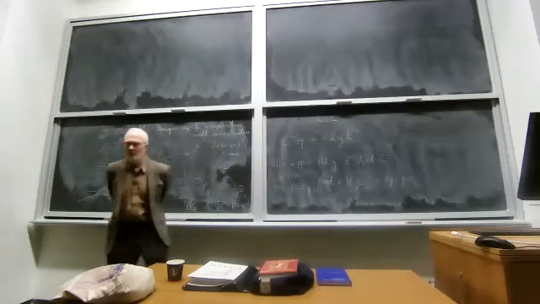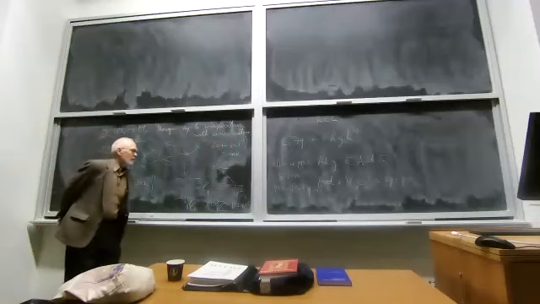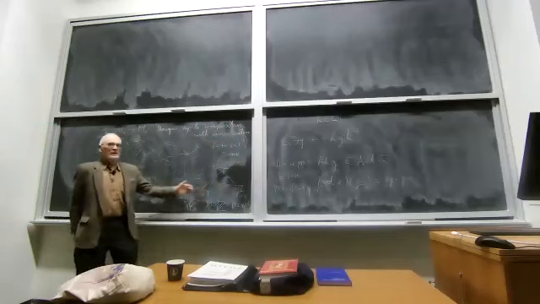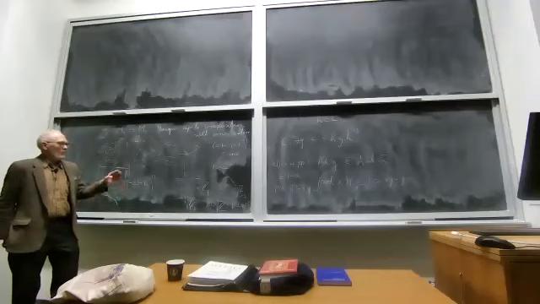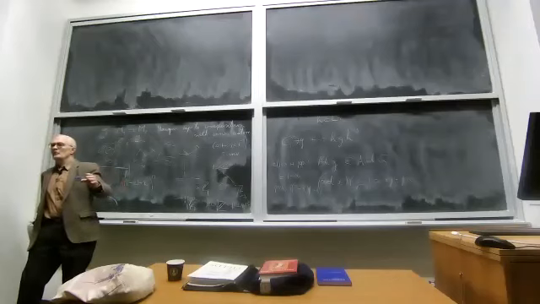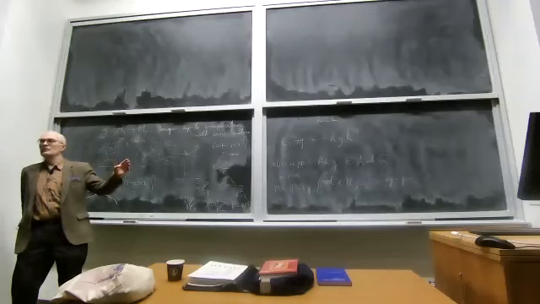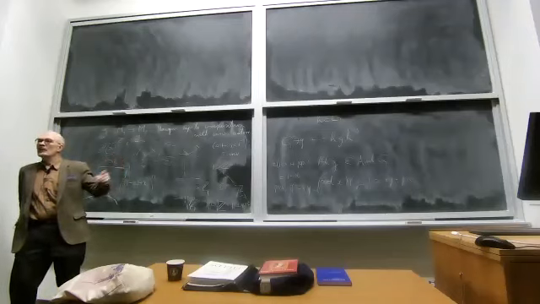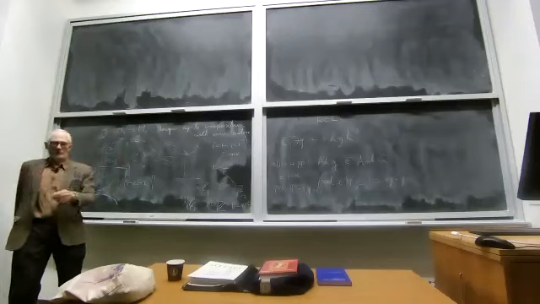Okay, but we have to check. So how do you prove Hausdorff? You have to know that positive functionals on the polynomials are the same as positive functionals on the continuous functions, which are measures by Riesz's representation theorem.